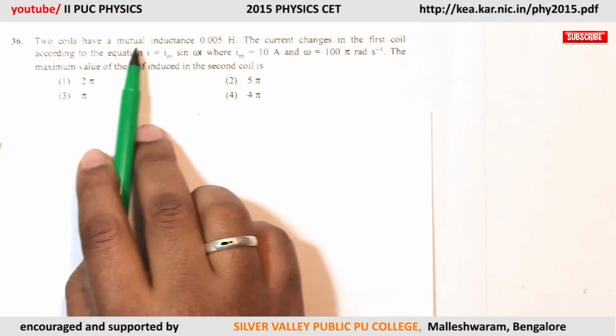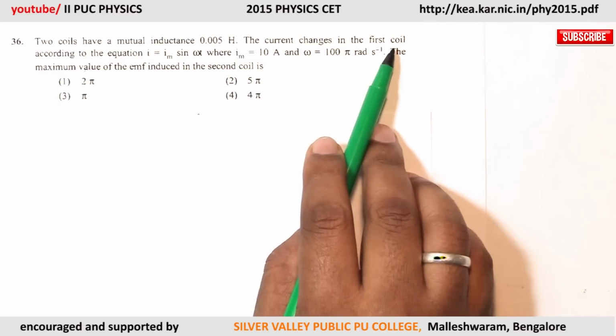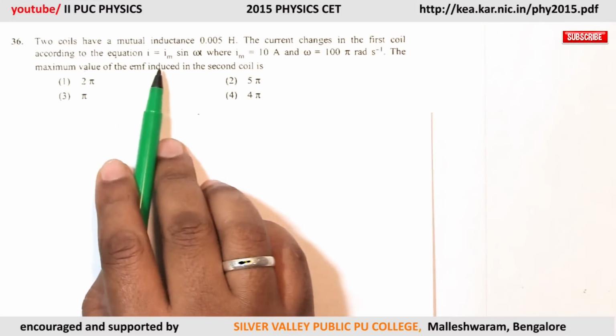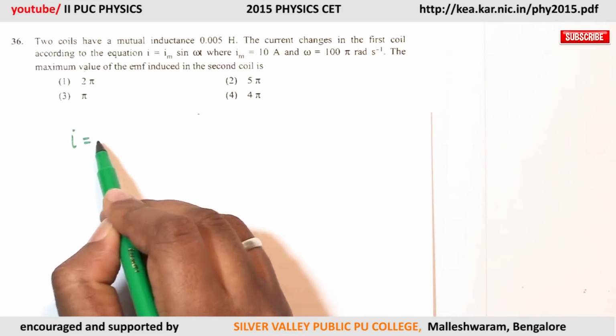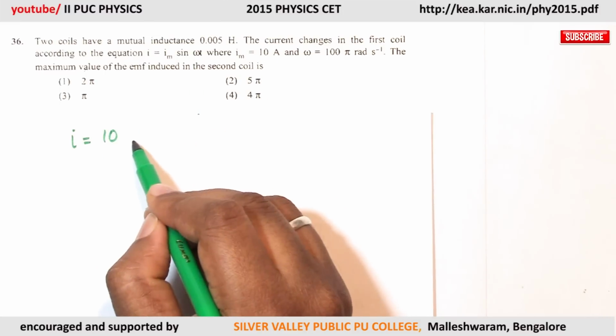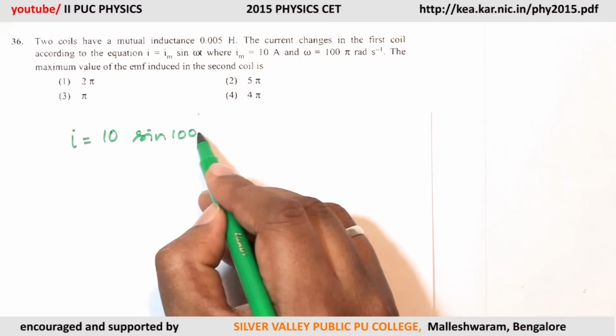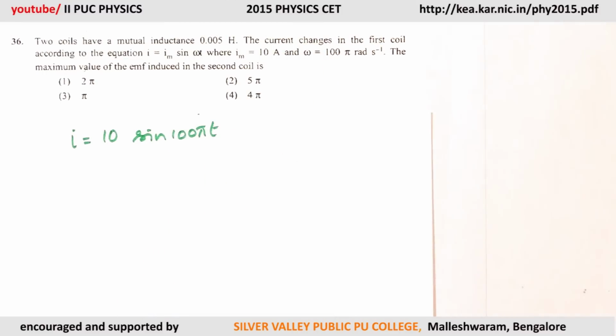Two coils have a mutual inductance 0.005. The current changes in the first coil according to the equation I equal to I maximum sin omega t. I maximum is 10 sin omega t. Omega is 100 pi. Beautiful.